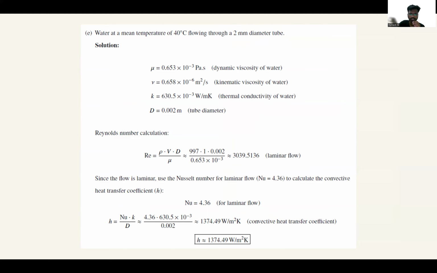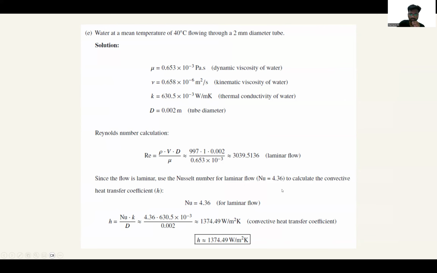So I have taken it as laminar flow, and for laminar flow the Nusselt number is 4.36 in a circular tube. Based on this diameter and the thermal conductivity of water at 40 degrees Celsius, the heat transfer coefficient is coming around 1374 watts per meter square Kelvin.